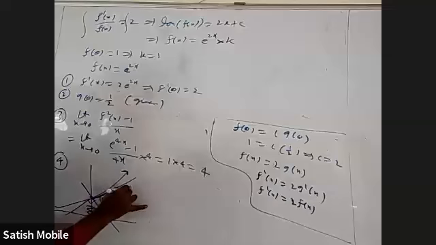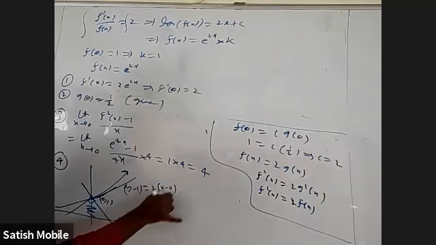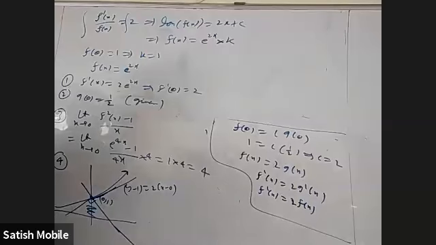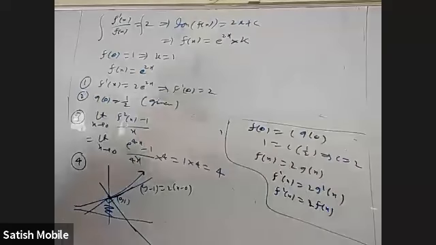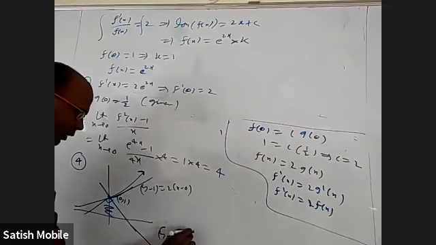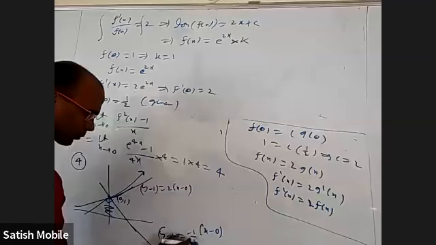So the slope is 2. What will the equation of the tangent be? y minus 1 equal to 2 into x minus 0. And what is the equation of the normal? The normal's slope is minus half, so y minus 1 equal to minus half into x minus 0.